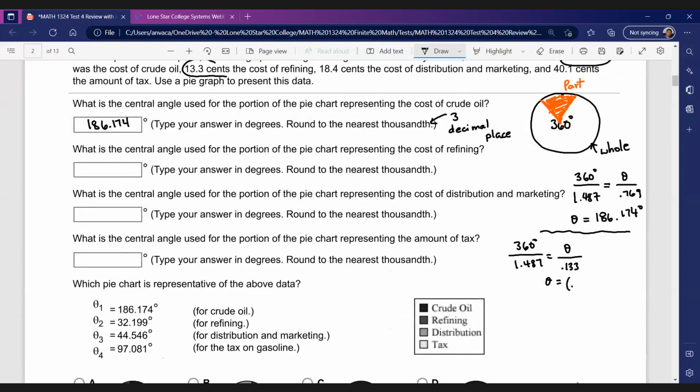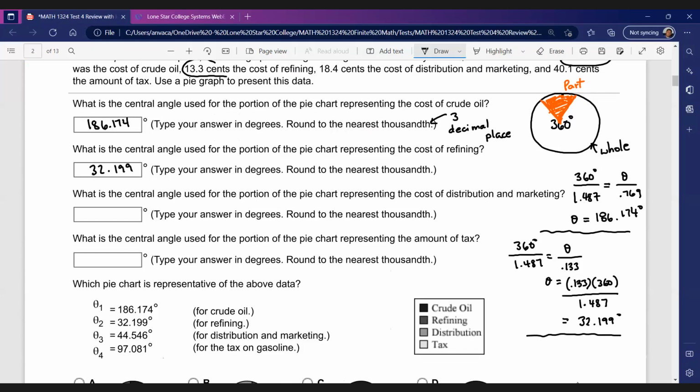So we're looking for 0.133 times 360, then divide this by 1.487. That turns out to be equal to 32.199. So this would be 32.199.